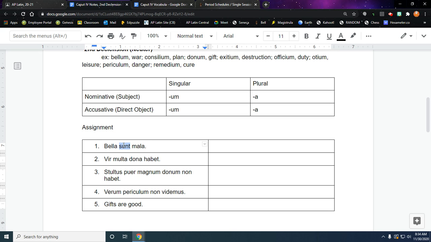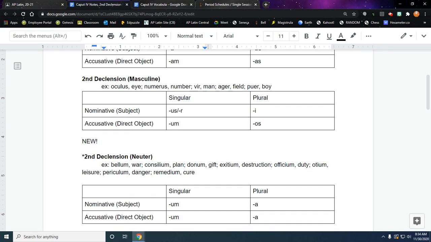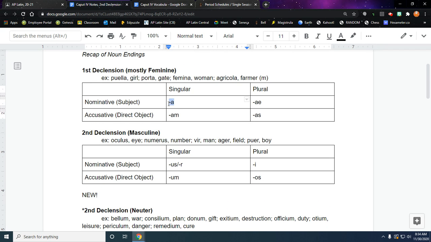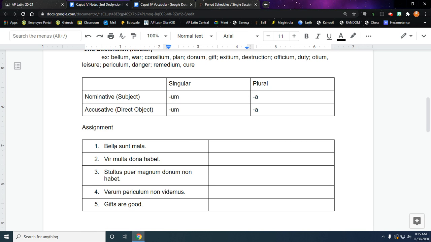So the only way that this would work is if this was plural, to match up with the plural they form. So it's probably the word for war with this ending on it. And so wars are evil. If it was the word for pretty, then it could only be this singular thing, and then the verb would be singular. The verb always has to agree with the subject. So wars are evil, and plus that just makes the most sense also.